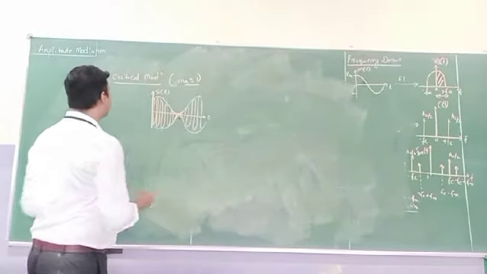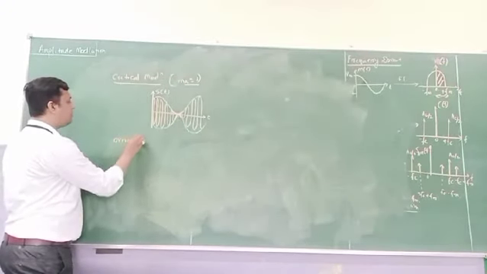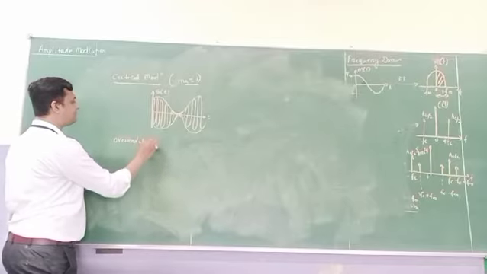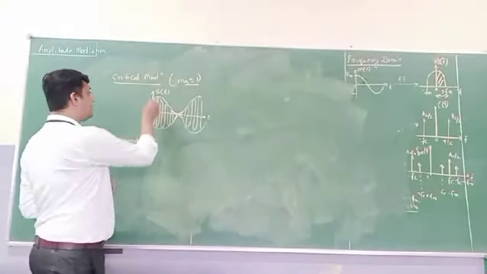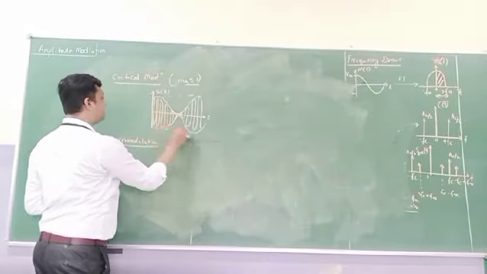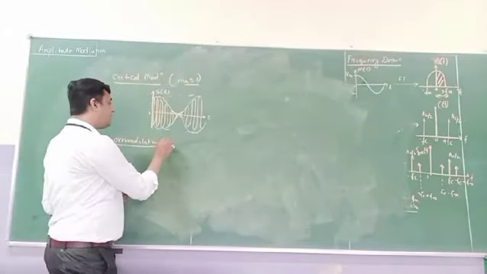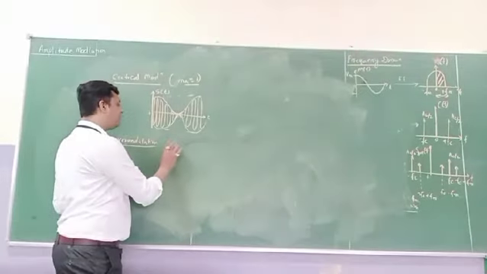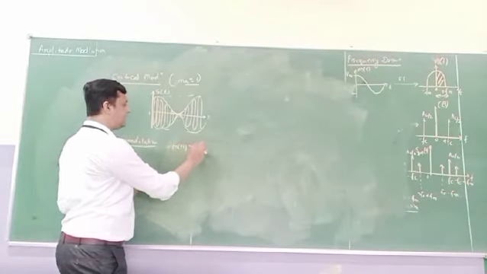Next, over-modulation. In this case, this is the envelope, this is 0. In over-modulation, what happens? Your modulating signal amplitude is greater than the carrier.